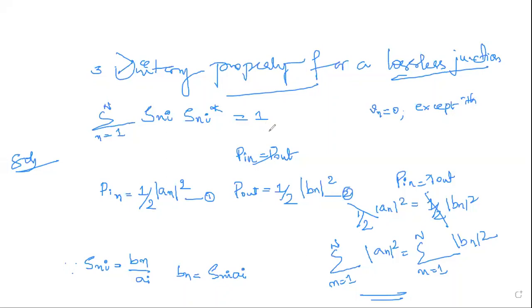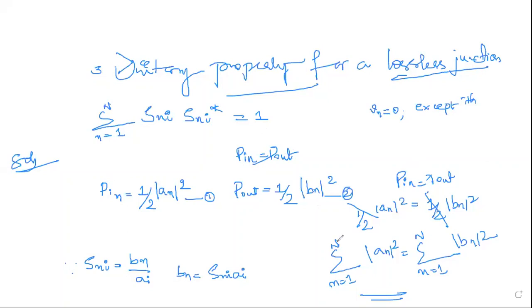From the principle of conservation of energy, if the junction is lossless, input power should be equal to output power. Input power, we know, is half into magnitude of An square. Output power is half into magnitude of Bn square. Take these as equation 1 and equation 2. Equate them, and half and half will get cancelled.